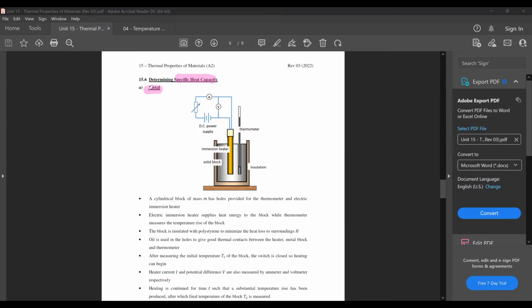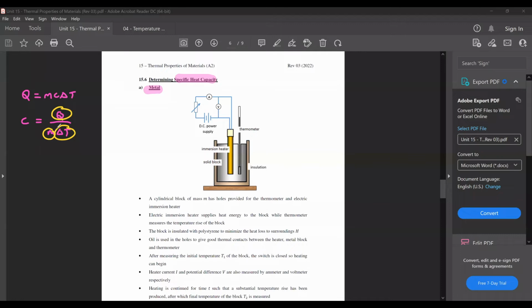Generally, we know that Q equals mc delta theta. When we have specific heat capacity we want to find, we generally want to find out the heat supplied, the mass of the substance, as well as the temperature rise. We need to know the heat supplied, the mass, and the temperature rise. These are the things that we need to find out.